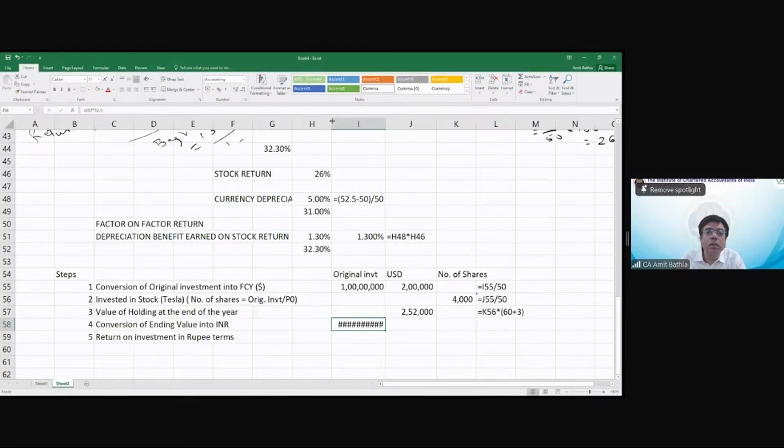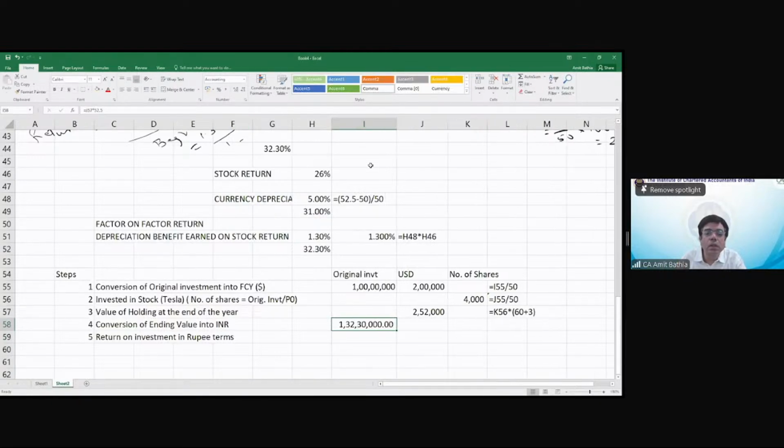So that is 1 crore 32,30,000. Right? And now I want the return on investment in rupee terms.